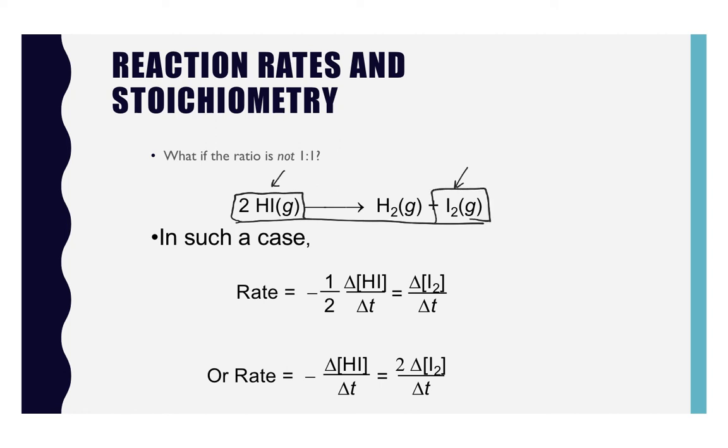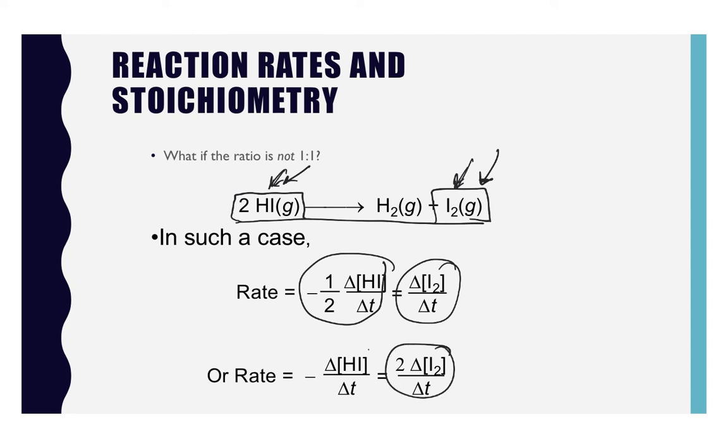As a result, this is going to disappear twice as fast as this appears, or in other words, this is going to appear half as fast as that disappears. So the relationship is -1/2 the disappearance equals the appearance, or double the appearance equals the disappearance.